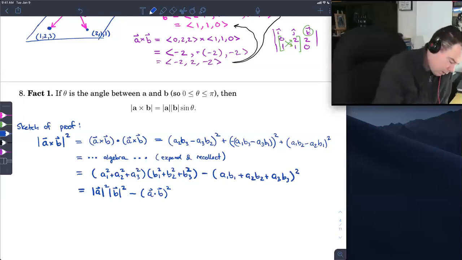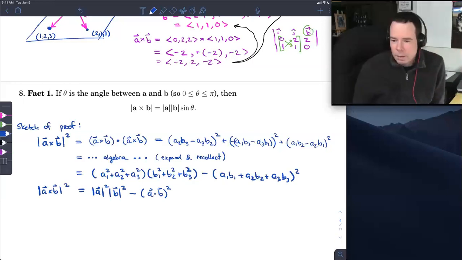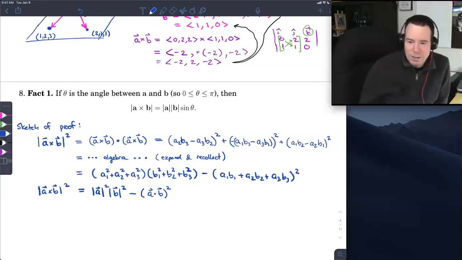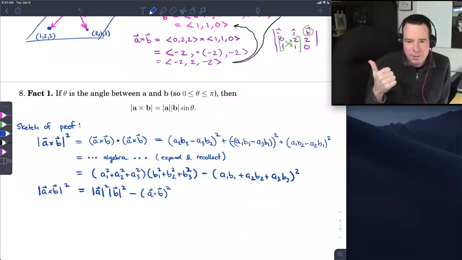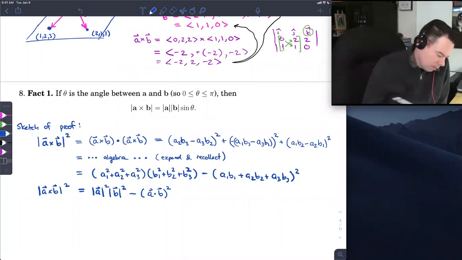And so what we have is an equation that's relating all the things we know about vectors. The vectors themselves, a and b, the magnitudes of those vectors, the dot product of those vectors, and the cross product of those vectors. They're all combined together in this one equation. And so that's a nice equation that tells us how these things all relate to each other.